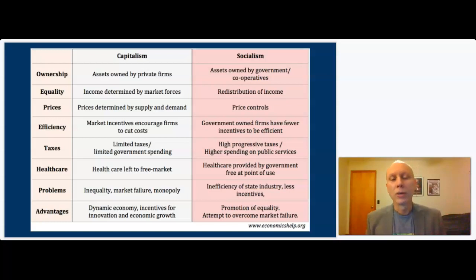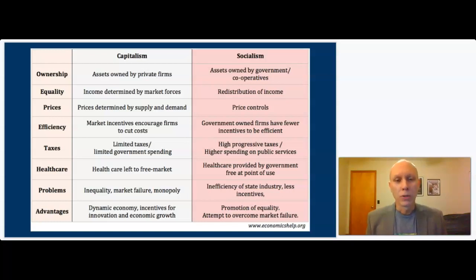This is by no means a perfect chart that distinguishes between capitalism and socialism, but as much as anything, what I want you to see are some of the ways in which we identify differences between the two systems. And so we'll give particular attention to the categories that are going down the left-hand side.